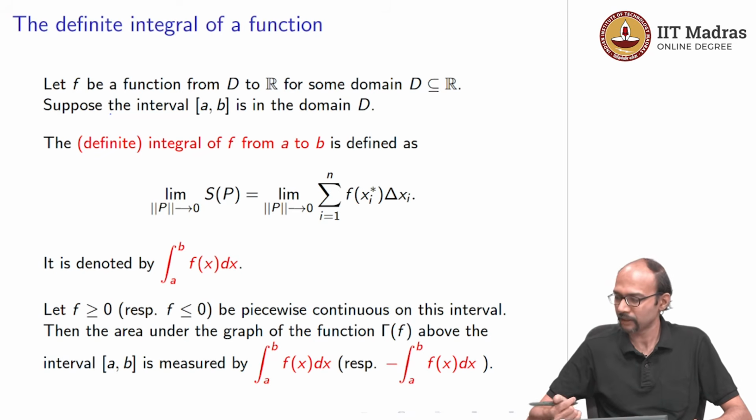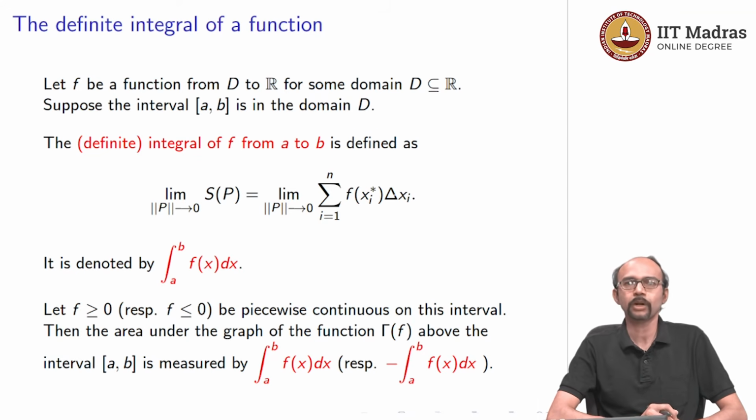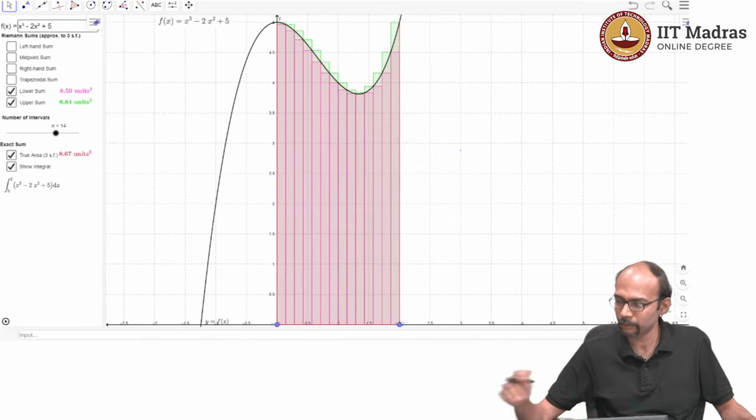Unfortunately, this number will then compute to something which is negative, because f of x_i star will be negative, so the sum will be negative. So you have to put a minus. If you take minus of the integral, that will indeed be the area. So in other words, what the integral really computes is signed area.